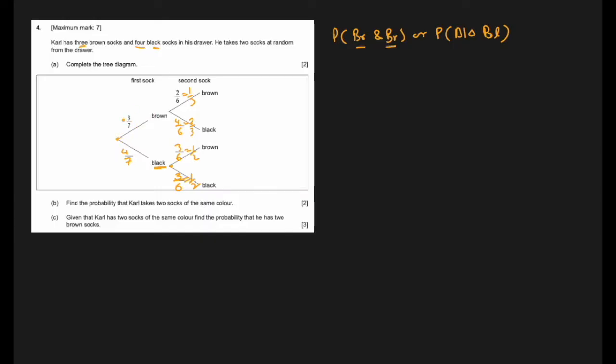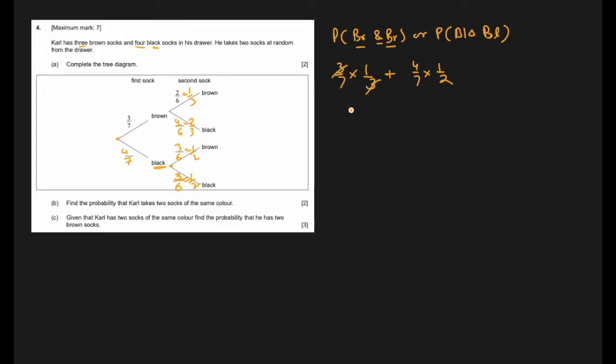Brown and brown, 3/7 times 1/3. Whenever there's an "and", that means it is happening one after another, so the probabilities have to multiply. Or black and black. Black is 4/7 and half. That's black and black, and they are of the same color in these 2 cases only. Otherwise, in the other 2 branches, they are different colors.